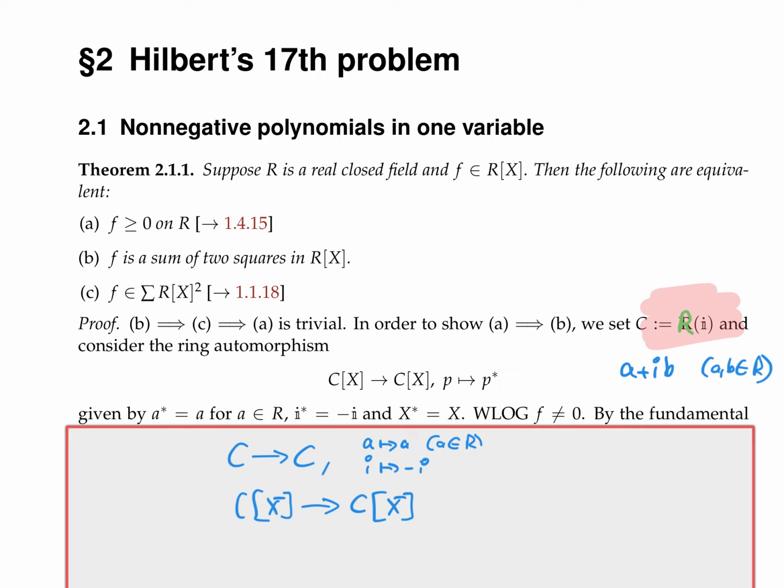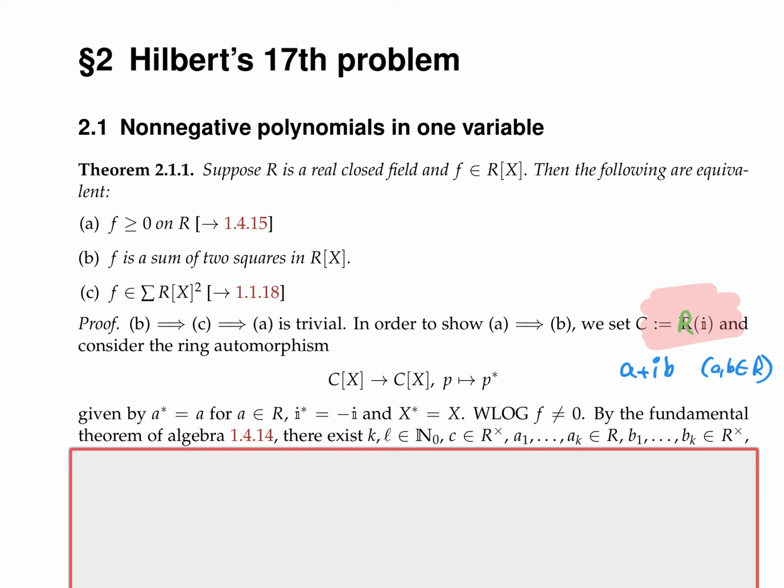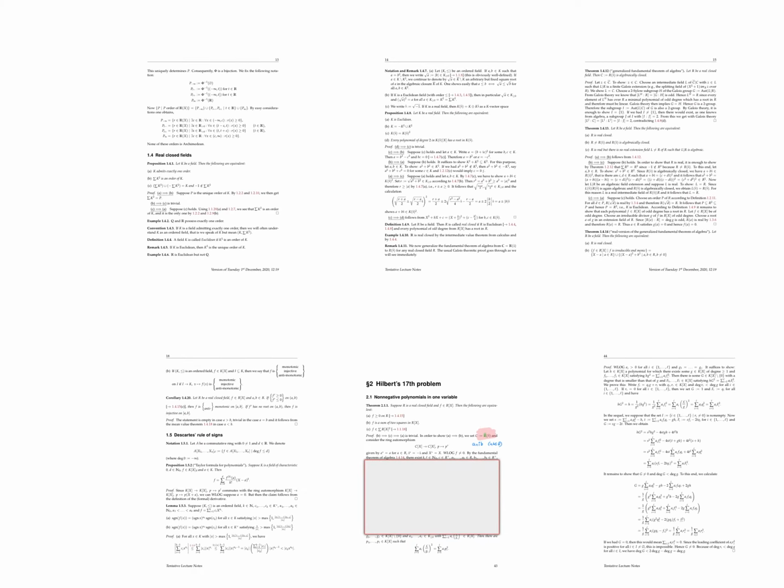You can prove it also in an ad hoc manner, right? So without loss of generality, f is not a zero polynomial, because I want to show that a implies b, and certainly the zero polynomial is the sum of two squares, right? 0 squared plus 0 squared. And by the fundamental theorem of algebra 1.4.14, of course that version for real closed fields, let's look at it again.